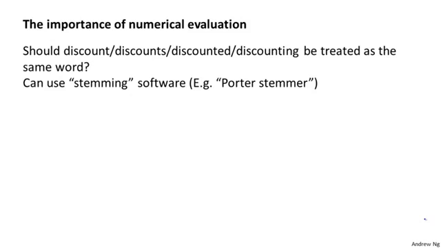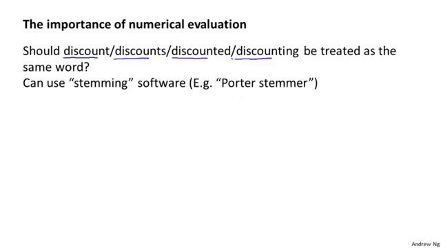Let's say we're trying to decide whether or not we should treat words like discount, discounts, discounted, discounting as the same word. So maybe one way to do that is to just look at the first few characters in a word. If you just look at the first few characters of a word, then you figure out that maybe all of these words have similar meanings.